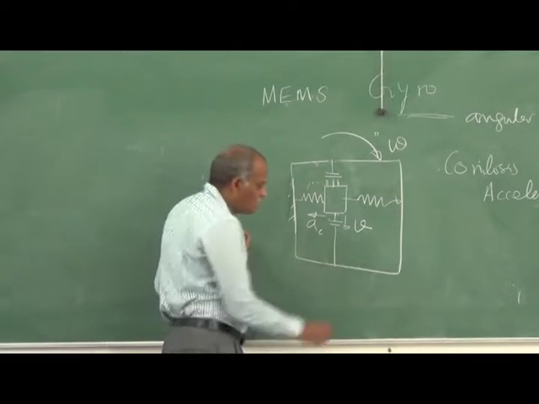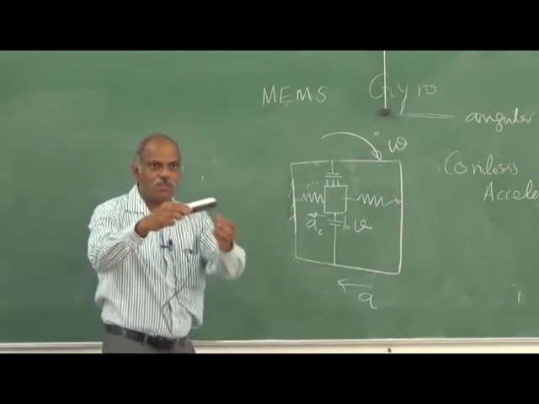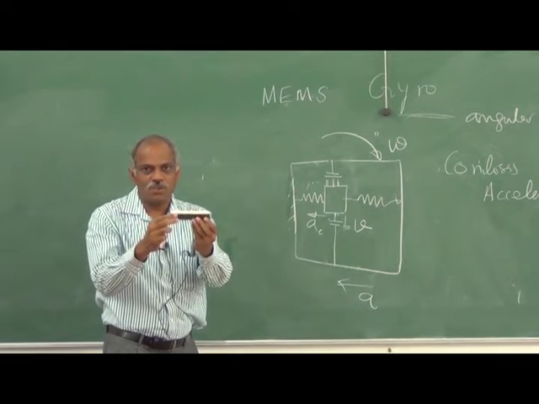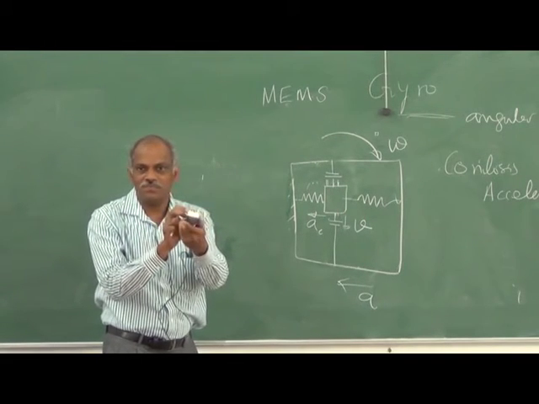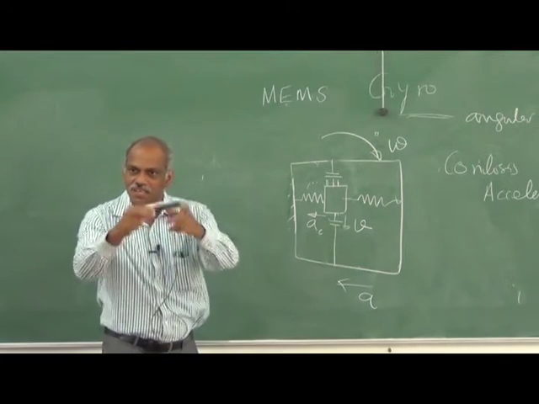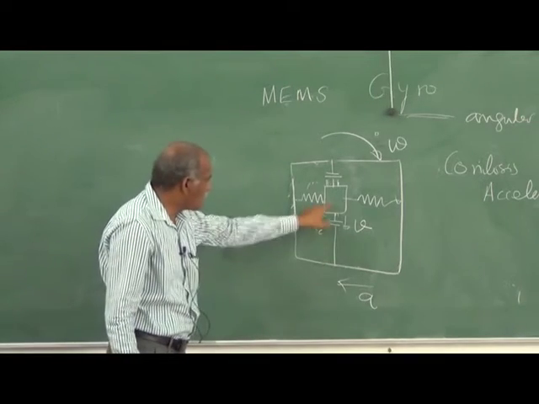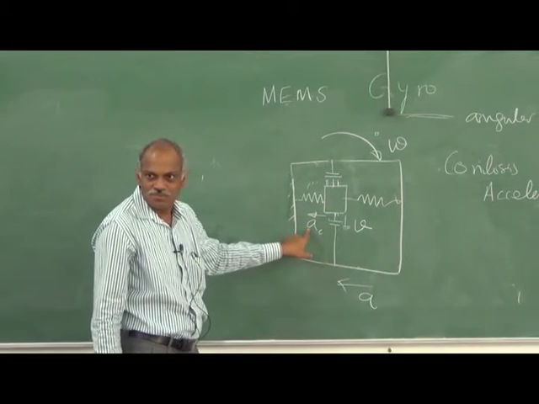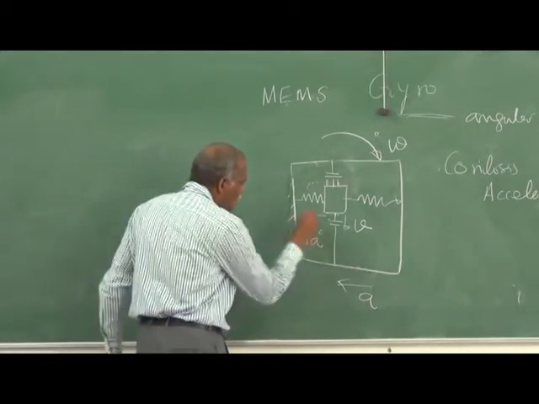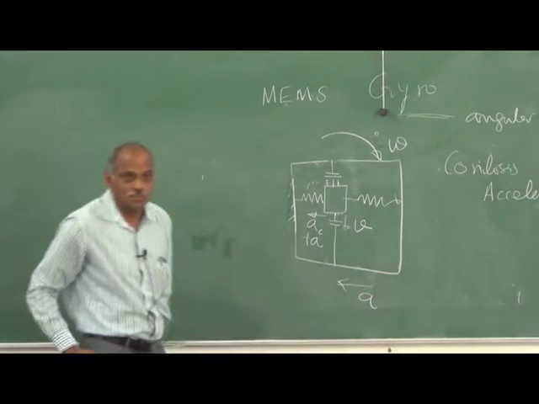Suppose, for example, there is an acceleration from outside. If I mount the MEMS gyroscope here, it is meant to sense only the rotation, but unfortunately if an external acceleration is imposed like this, it will respond to that acceleration also. So your net output will be not only your Coriolis acceleration but also the external acceleration imposed.